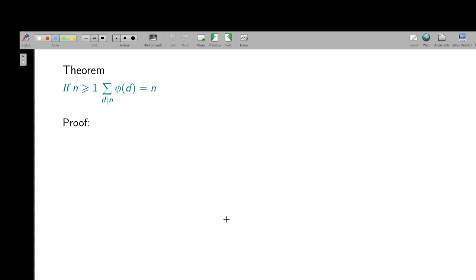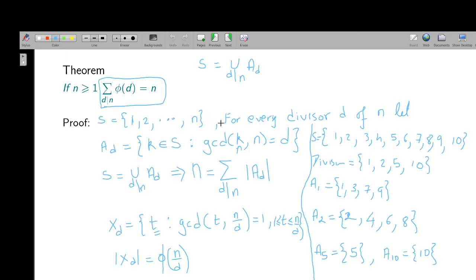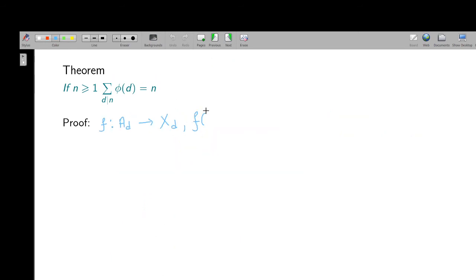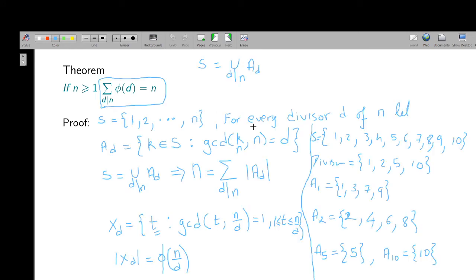So let's define a function f from AD to XD. There's a natural way of defining this.